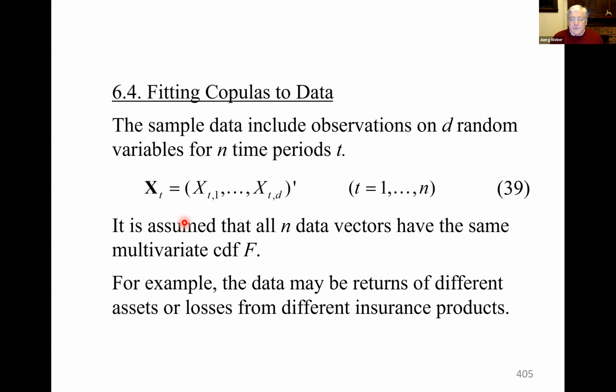And then that's very important. Let's assume that those data vectors are all generated by the same multivariate CDF, by the same joint distribution function. If that's not the case, then naturally you're in trouble. So we assume that the probability distribution remains stable over those 20 years.